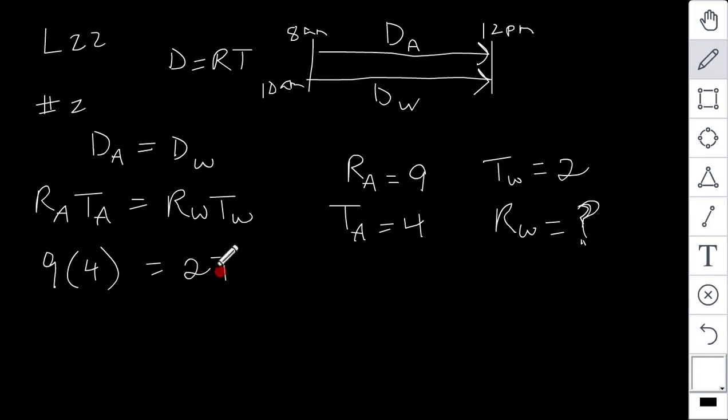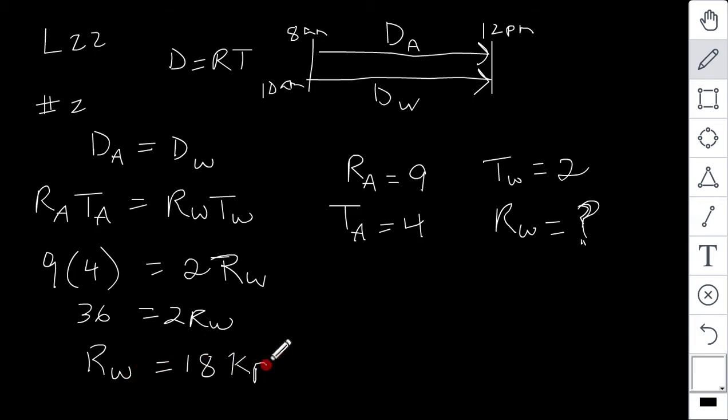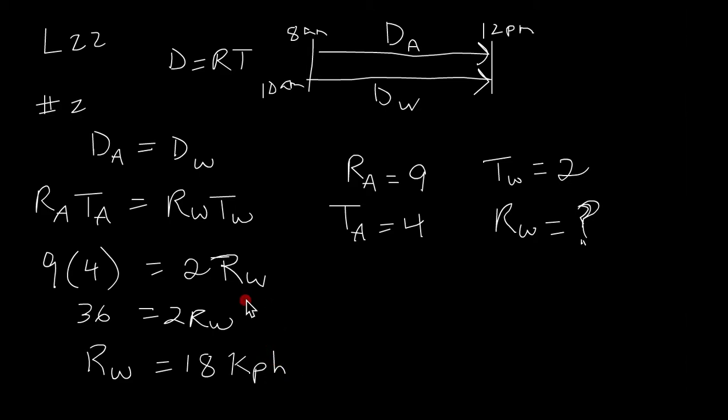You want to put the number in front of the variable. So we get 36 equals 2 times rate Wilhelm, divide by 2, and the rate of Wilhelm is 18, and you put your units on it: kilometers per hour. So hopefully that is the right answer to that one, and it is.